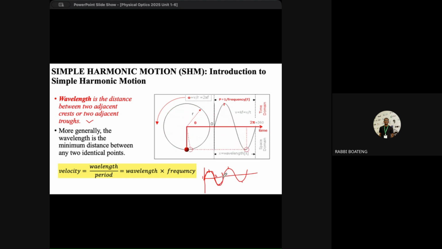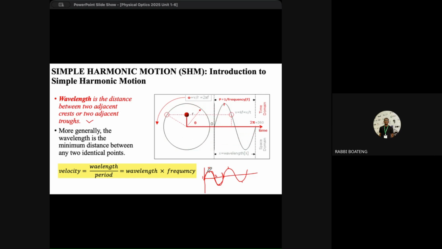It means I've taken a full cycle. But let's hold on, let me ask another one. If I start from 1 and I come and end up at 4, the top here, how many cycles have I completed? A quarter cycle. Yes, so from here to the top here is a quarter cycle.